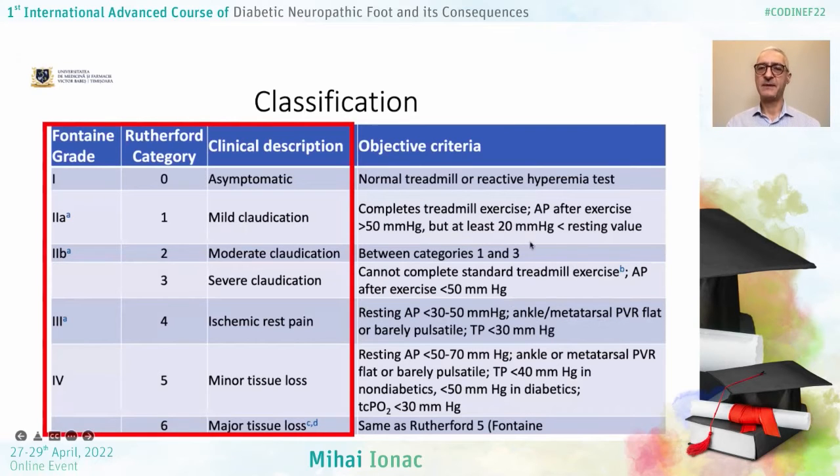For example, mild claudication shows what kind of pressure we have to find in order to classify that stage of disease.